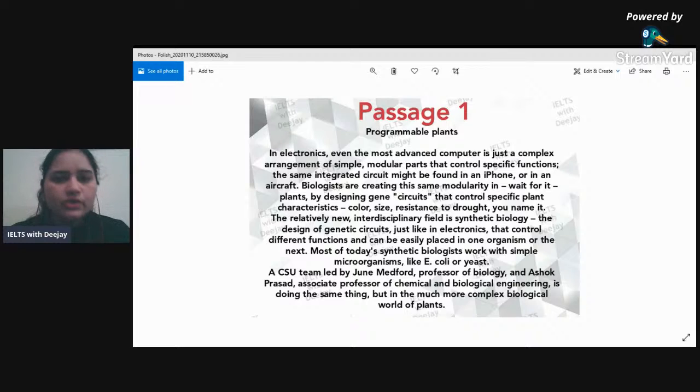We're doing the first question. The first question is: the scientists are using a technique from electronics to control specific plant properties. Let me know the answer for this one.